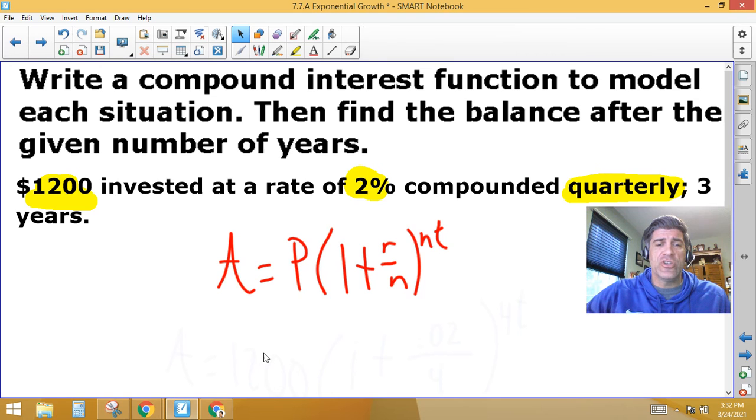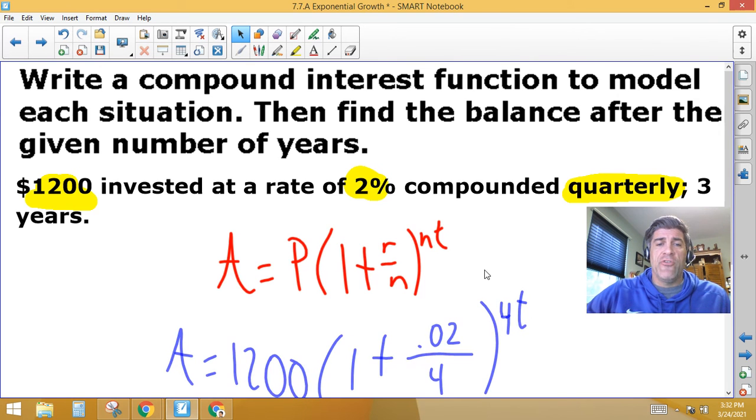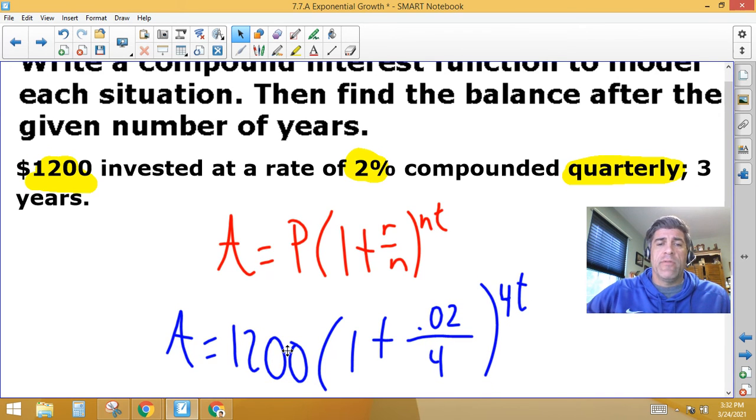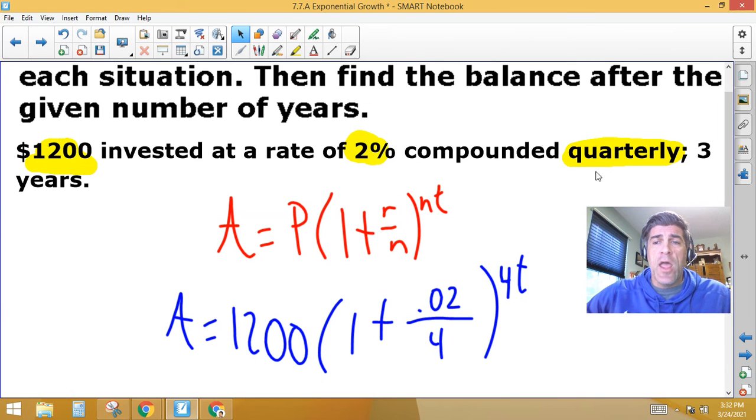So my original function is going to be 1200 times 1 plus 0.02 over 4, to the 4t. This is going to be my original equation. And then now I want to find it after 3 years. So my t is 3. I'm going to change this 4t into 12.